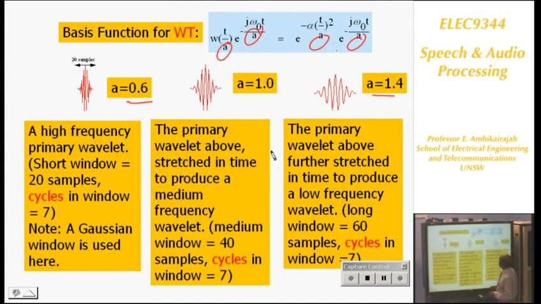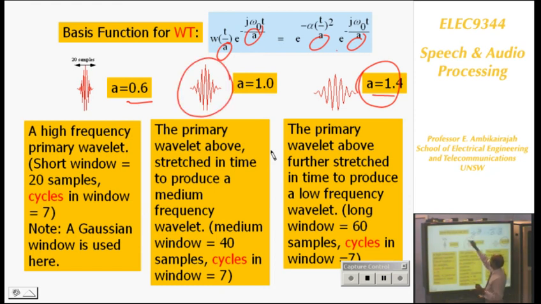If A is 0.6, this waveform is a compressed waveform with the same number of cycles. So the window length is small. For high frequency, you use that one. For low frequency, you stretch it. A of 1.4 means you stretch the original waveform.